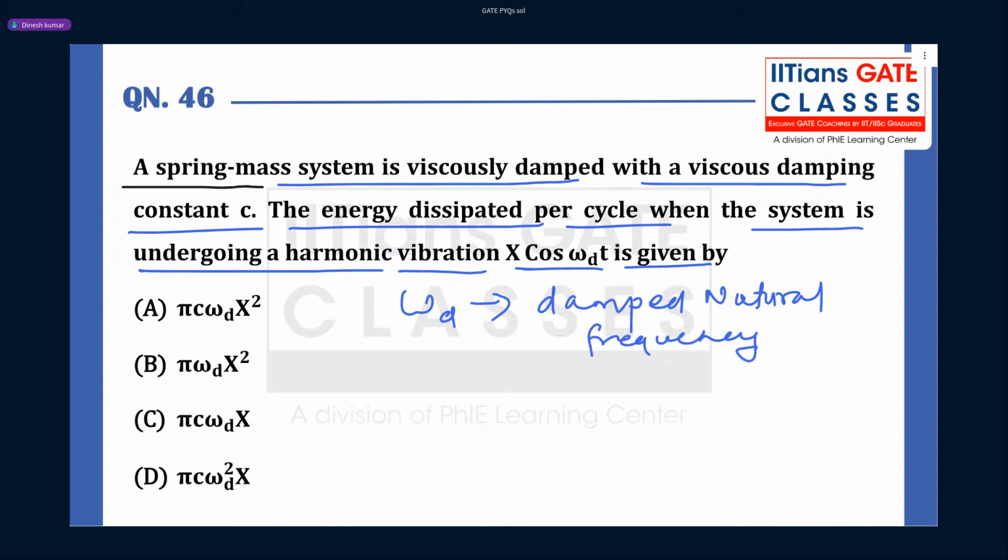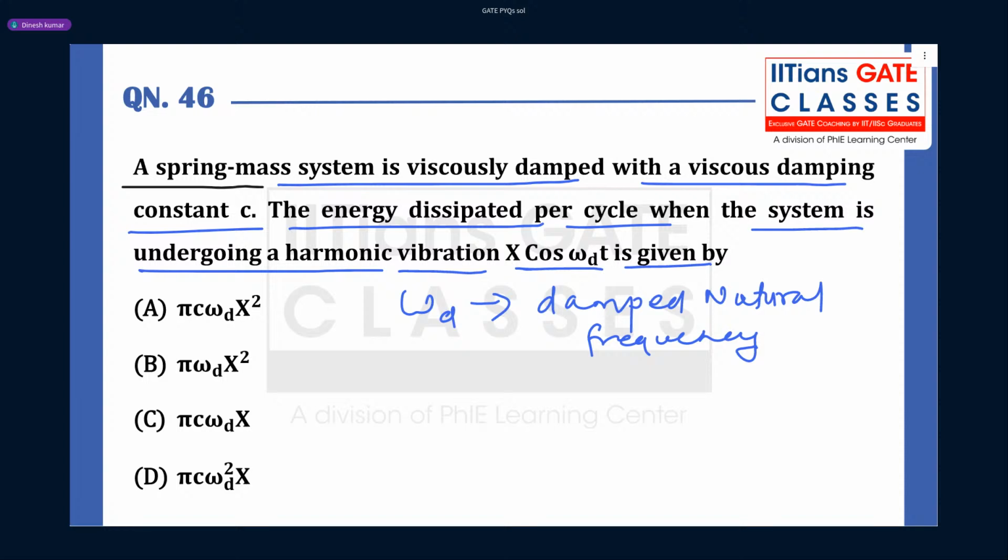So it's a simple question but directly based on a formula. If you go through the Grover book, in the chapter on damped free vibration, in viscous damping also there is energy dissipated per cycle.